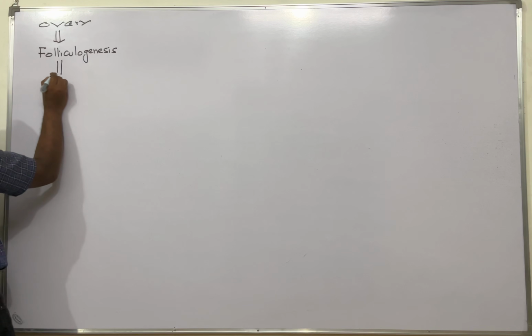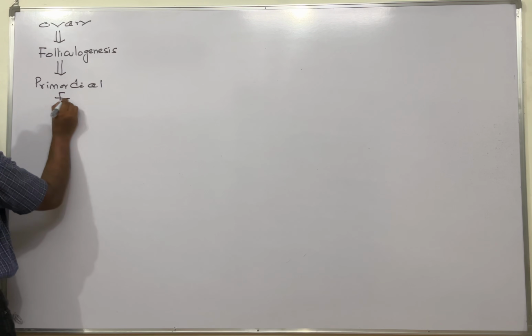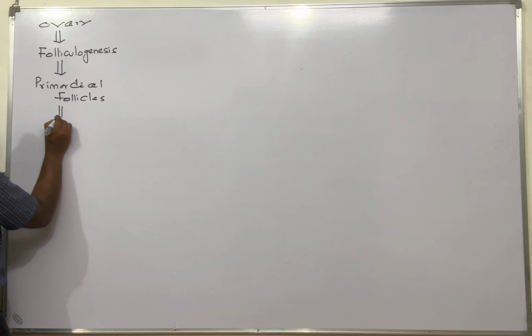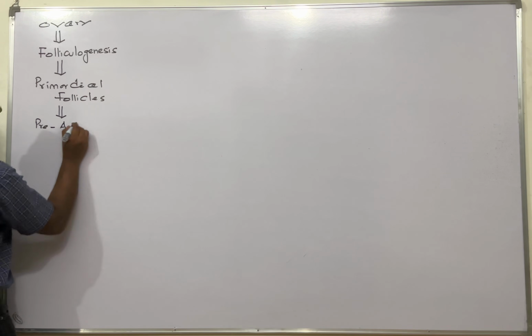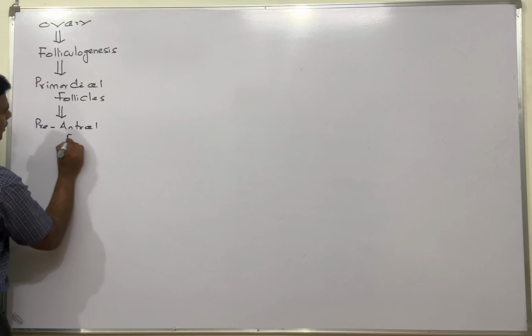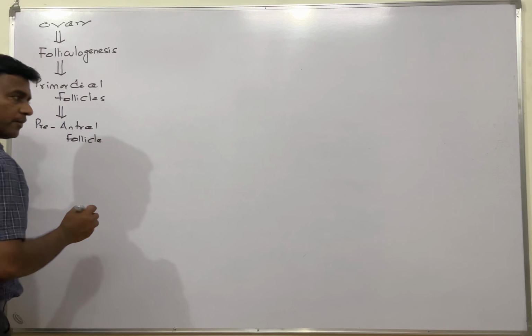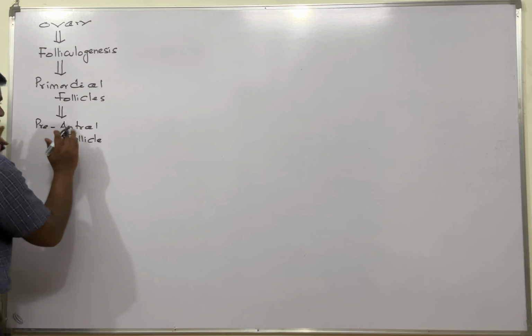After birth, this ovary shows a population of primordial follicles which are converted to pre-antral follicle. Do not forget to visit the folliculogenesis lecture, the web lecture, so that you will have enough idea about this concept.